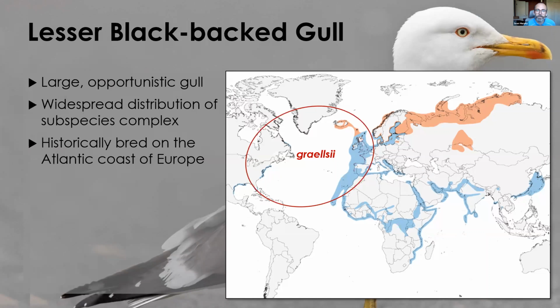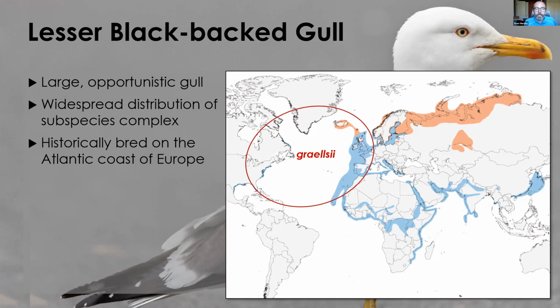Over the past 100 years or so, it's expanded to breed in the Faroe Islands and extended into Iceland. And then more recently, the bird has become an established breeder in Greenland and concurrently became a common winter resident along the coast of eastern Canada and the United States.